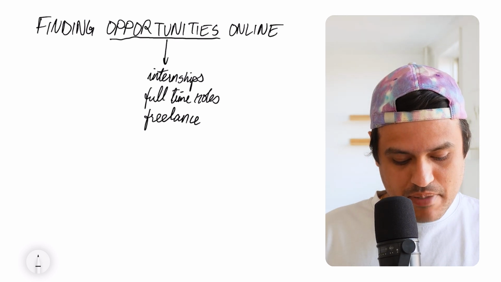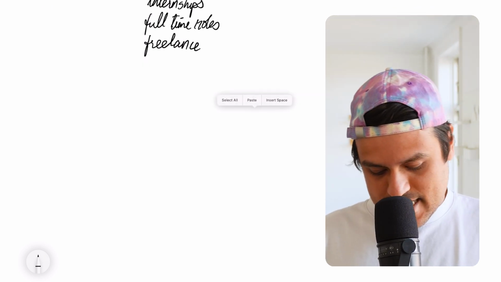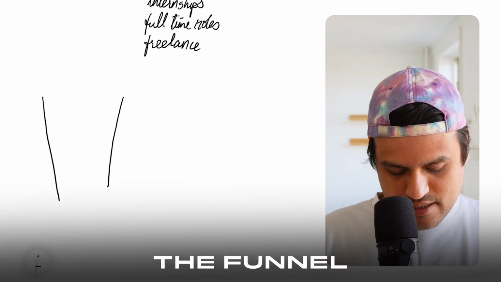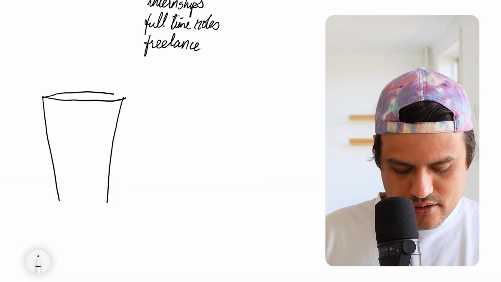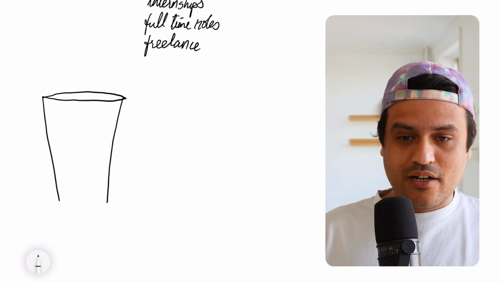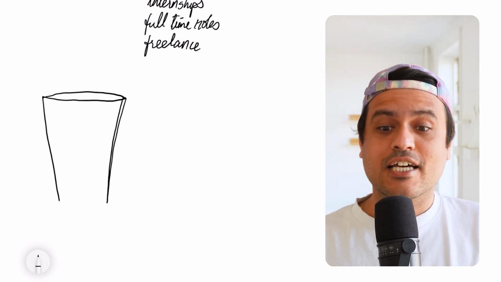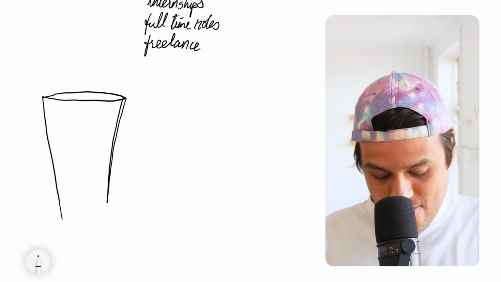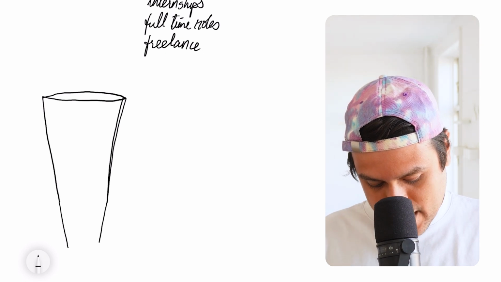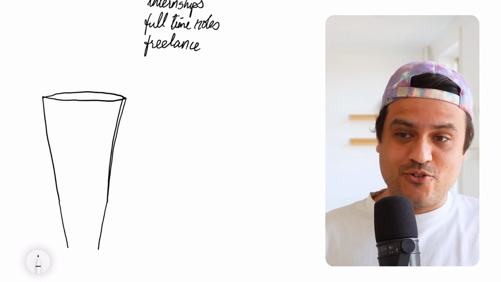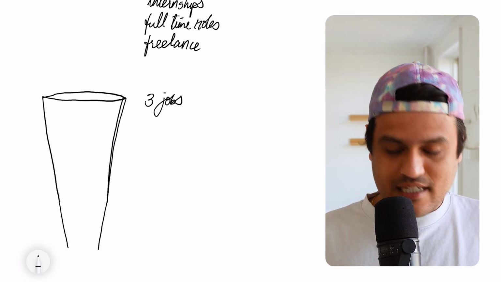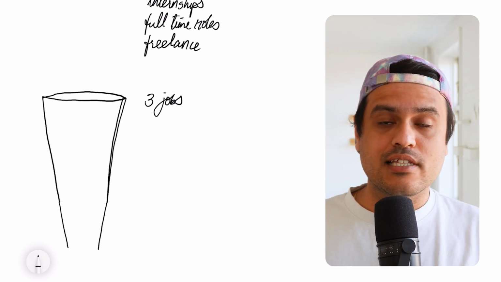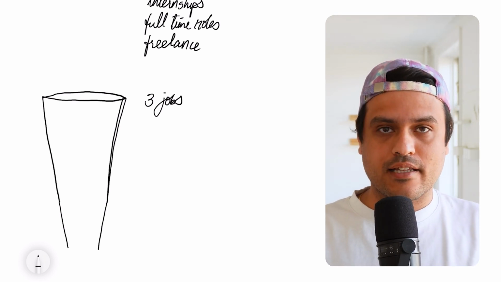And the first place that I would like to start, right, is you need to think about the funnel. As a designer, I'm sure you kind of know about the concept of a funnel, but overall, you need to really understand the concept of a funnel and how it applies to looking for a job online, which is if you have applied for 3 jobs, right? 3 LinkedIn jobs or AngelList, you found these opportunities and you applied to them.